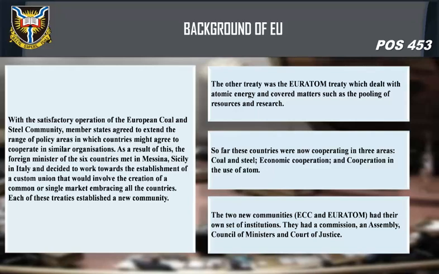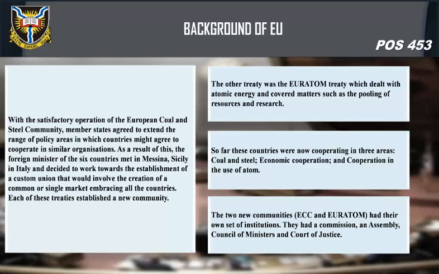As a result of this, the foreign ministers of the 6 countries met in Messina, Sicily in Italy, and decided to work towards the establishment of a customs union that would involve the creation of a common or single market embracing all the countries. Each of these treaties established a new community.